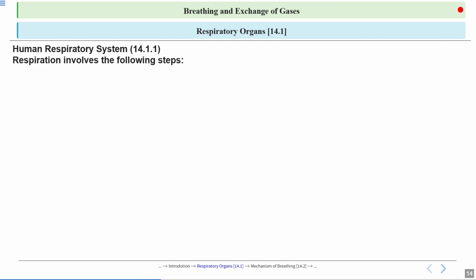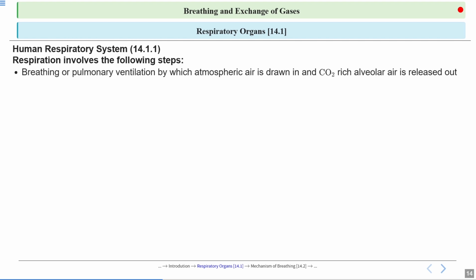So respiration involves the following steps. Now let's understand the steps involved in respiration. Breathing is also known as pulmonary ventilation. What happens during breathing? Atmospheric air is drawn in, and carbon dioxide-rich alveolar air is released out.